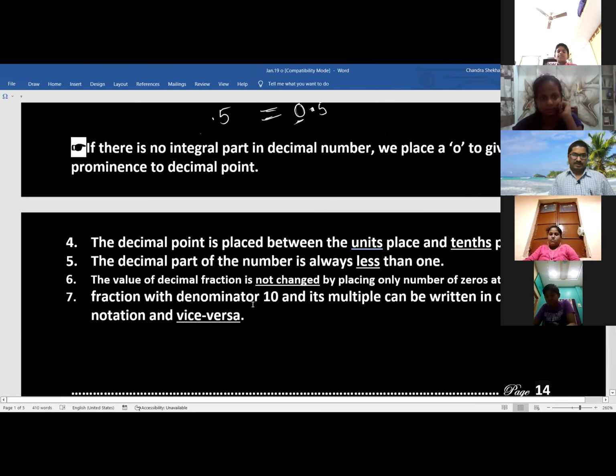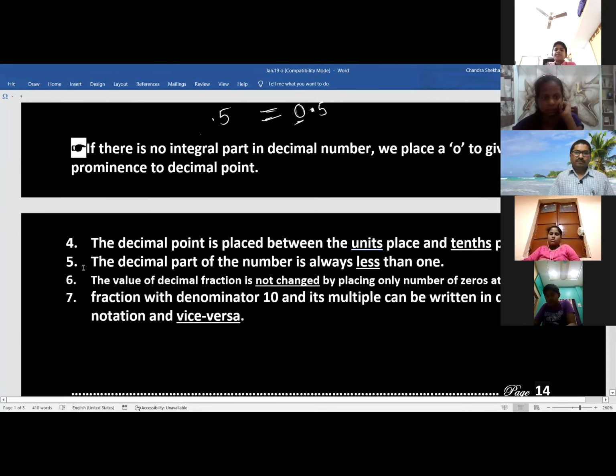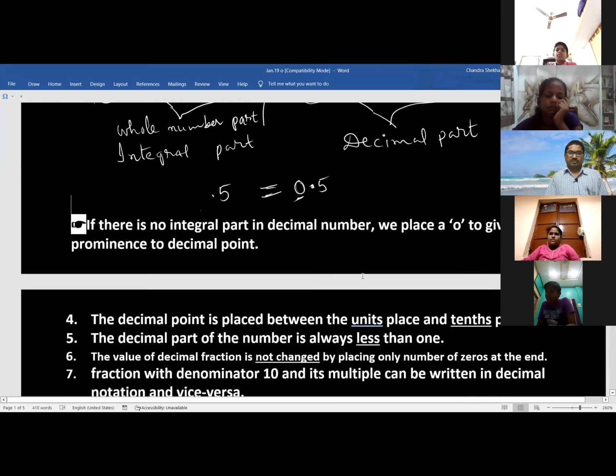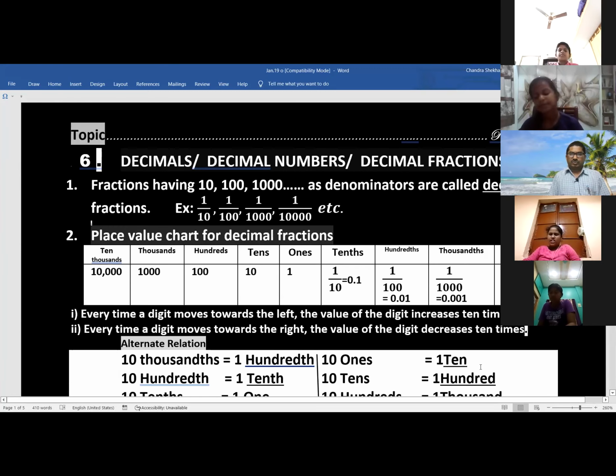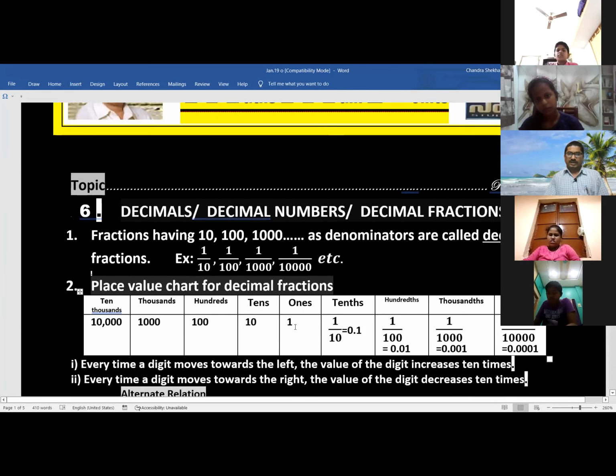Right. Next, 5th point. The decimal part of the number is always less than 1. We already observed here. See this. This total part is less than 1.